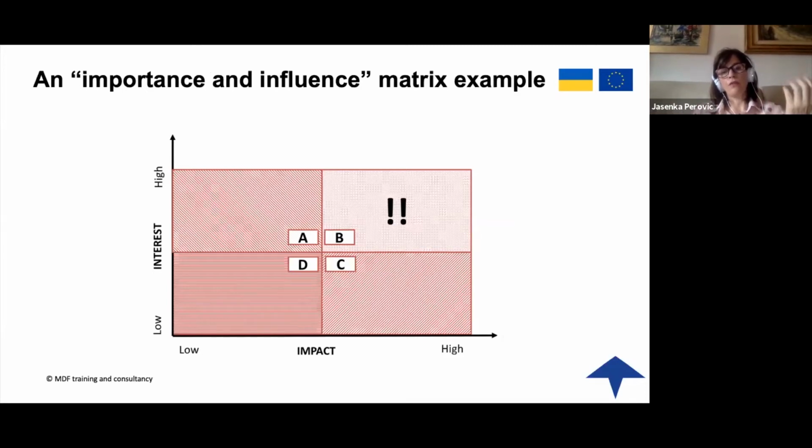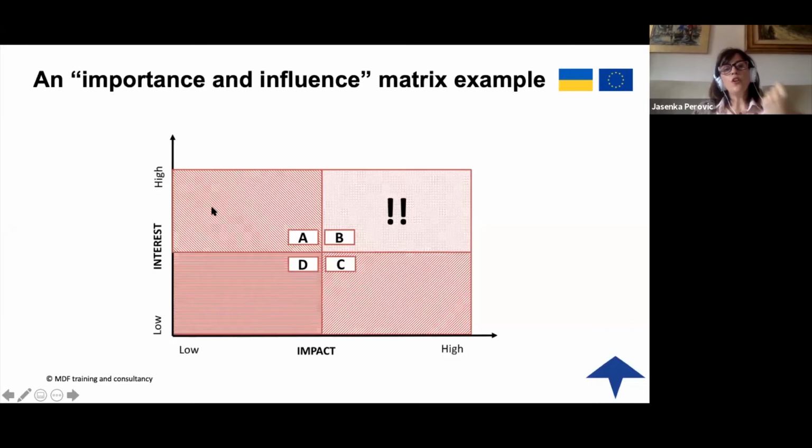For example, you think, okay, can this particular stakeholder have a high impact on your project and a high interest? If it is, then you place this stakeholder in this box. If it is high impact and low interest, then they go in this box. If they are low impact and low interest, of course they'll go here, and then the low impact and high interest, they will go here.